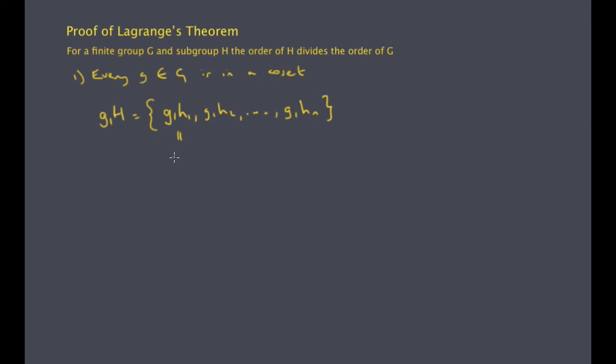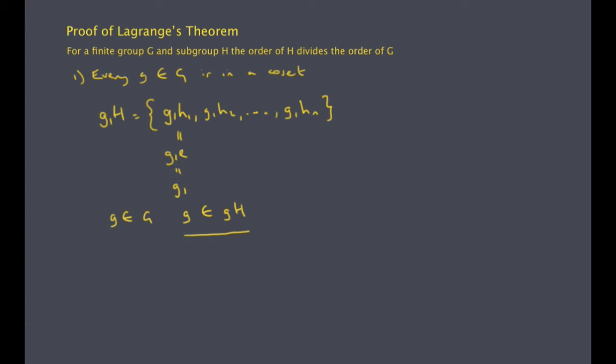But H1 is the identity, so this is G1E, and it's just G1. So because the identity is always in the subgroup, we can say that all g in G will always be in the gH coset. So every element of G is in a coset.